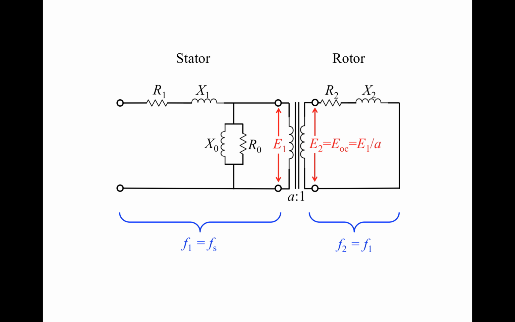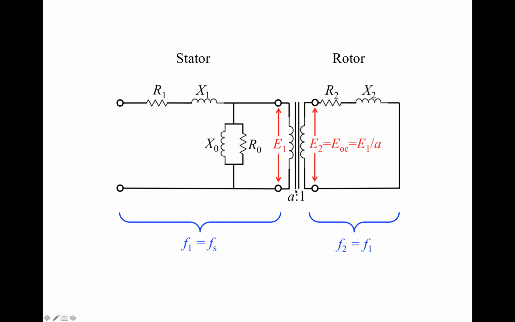So now, what will happen if we allow the rotor to rotate? If the rotor starts rotating, then the slip is not unity anymore. It's not a 1 anymore. So what's going to be the difference? E2 will not be equal to just E1 divided by A anymore.